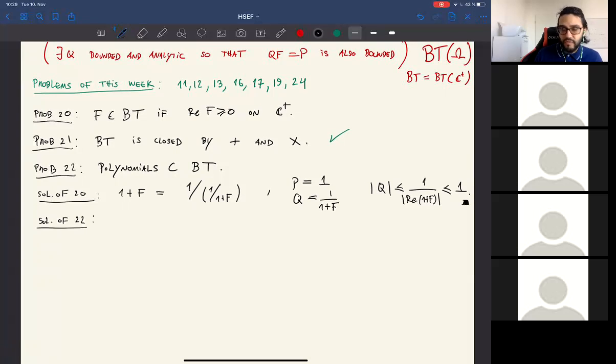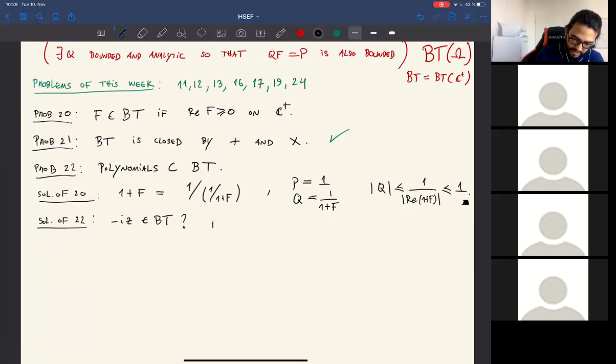And then any polynomial will be there. So we just need to show that z belongs there. Well, we only need to show that, say, minus iz belongs there, because if minus iz belongs to bounded type, therefore z belongs to bounded type. But does minus iz belong to bounded type? That's the question.